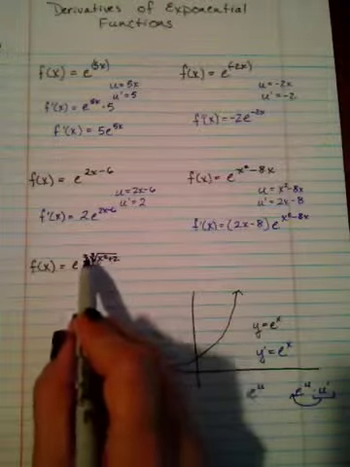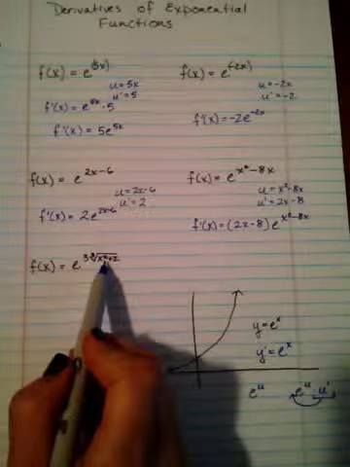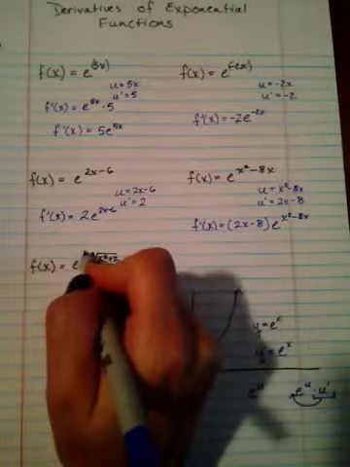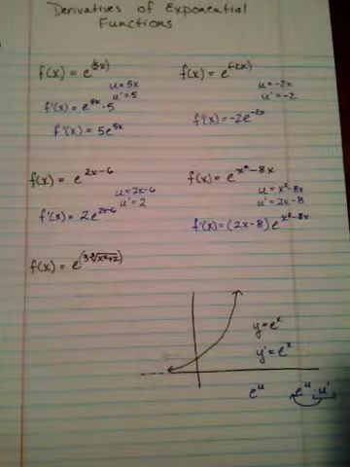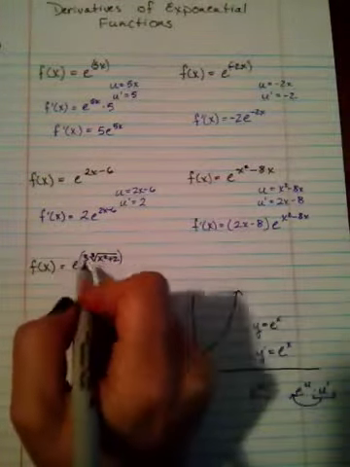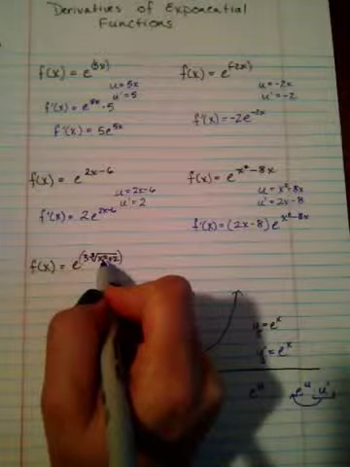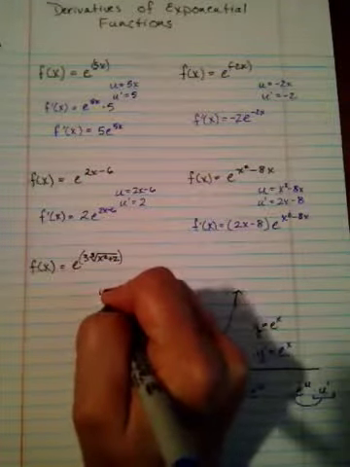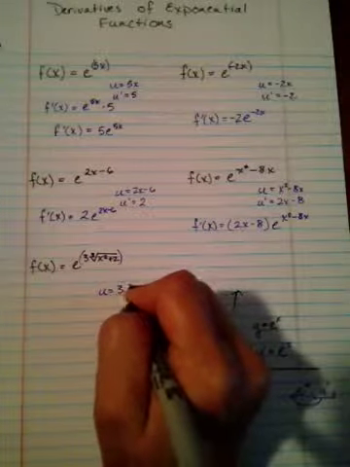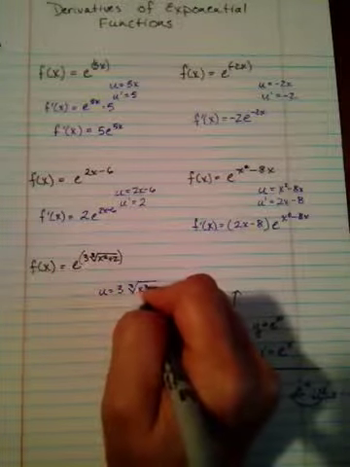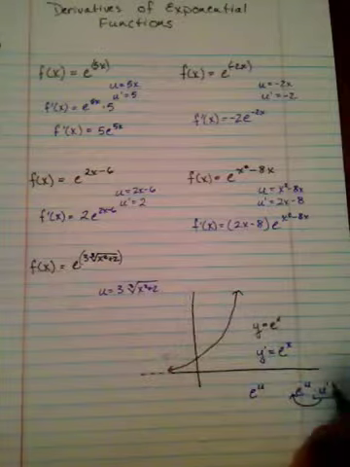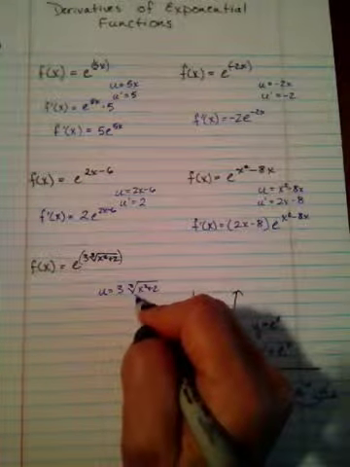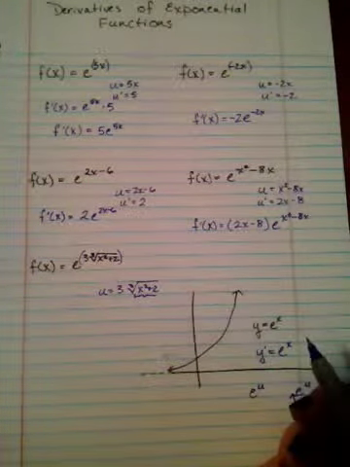This one's slightly more complicated because you have an inside function inside of your inside function. So for this, it is e to the u. So my u, my official u, would be 3 times the cube root of x squared plus 2. But you can see that I have another inside function.